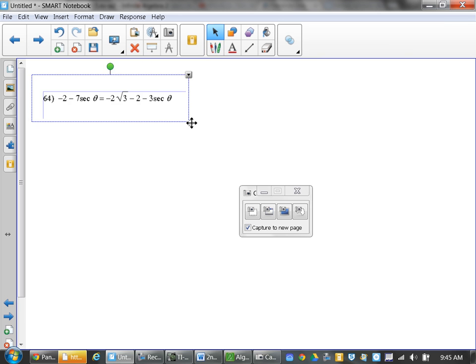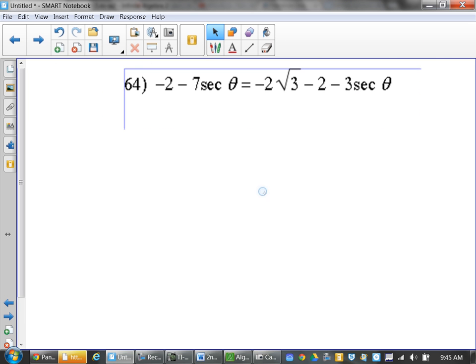All right, so in this one here, you have to solve for theta with the secant. Right off the bat, you should notice you have variables on both sides of the equation, the secant. So I'm going to add the 7 secant theta to the right. At the same time, I'm going to add the 2 root 3 and add the 2 over to the left.